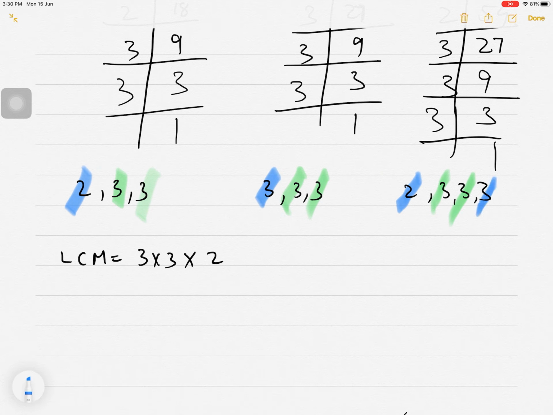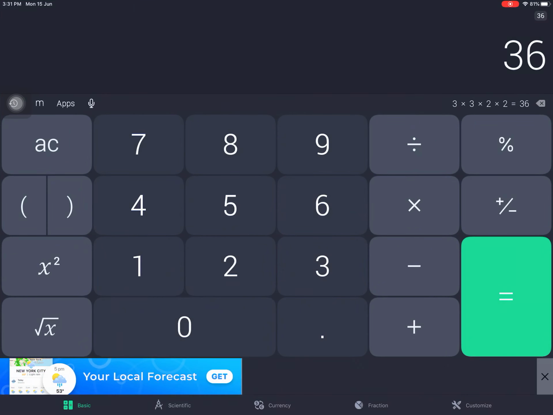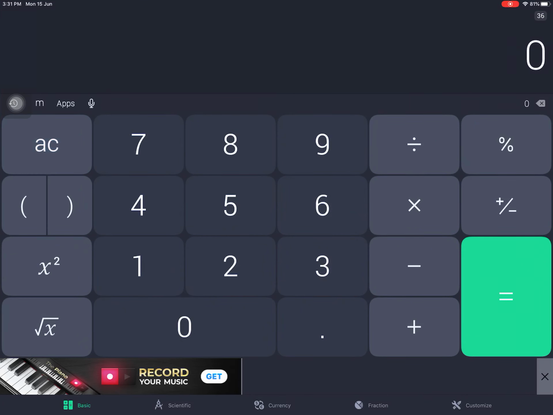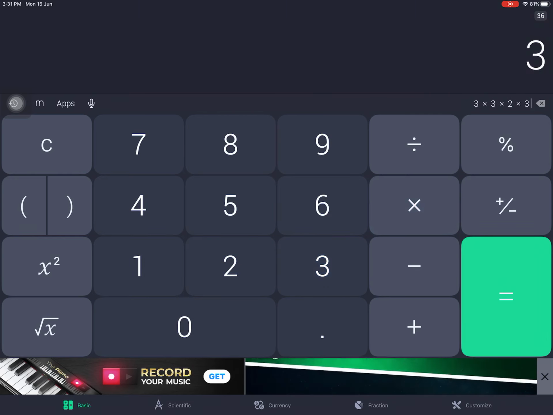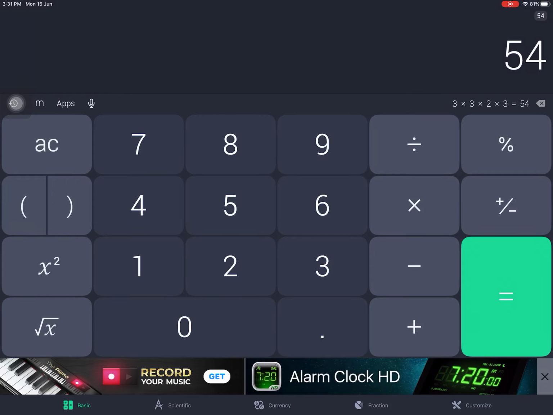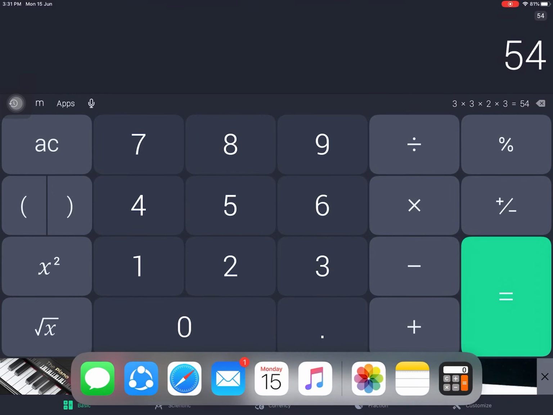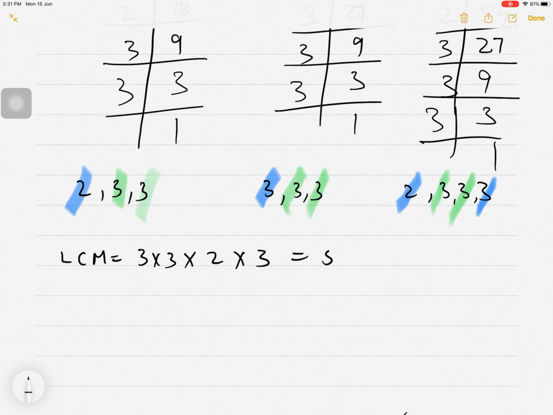And 3 is common here, so into 3. So LCM would be 3 into 3 into 2 into 3, which comes to 54. Right?